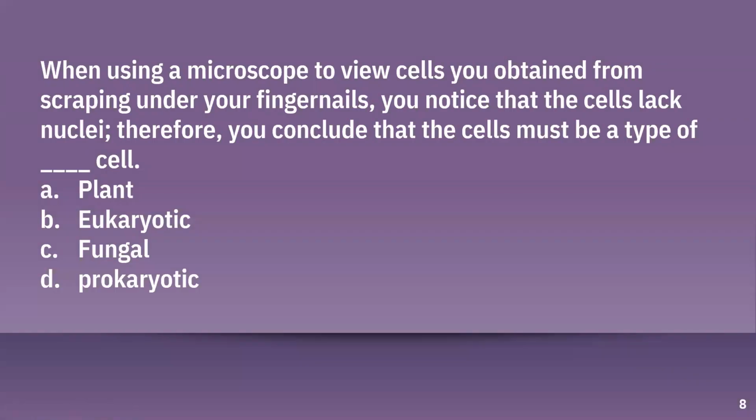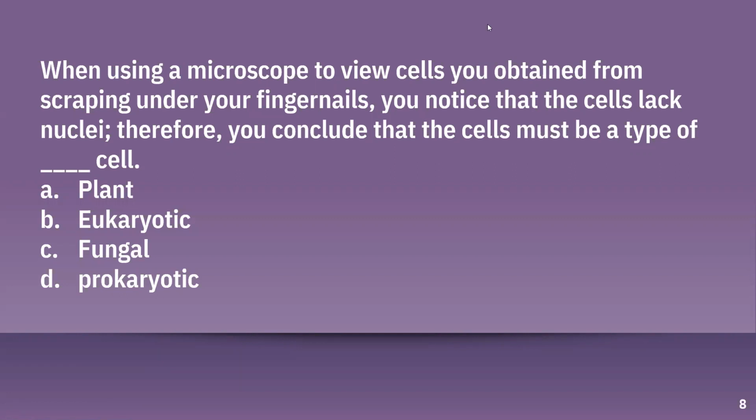So here is a question that I gave you on your polling questions. When using a microscope to view cells you obtained from scraping under your fingernails, you notice that the cells lack nuclei. Therefore, you conclude that the cells must be a type of blank.